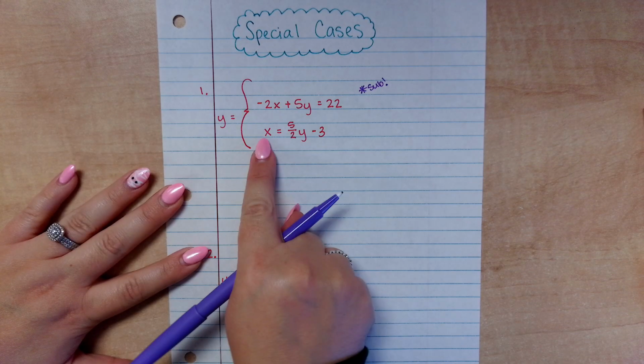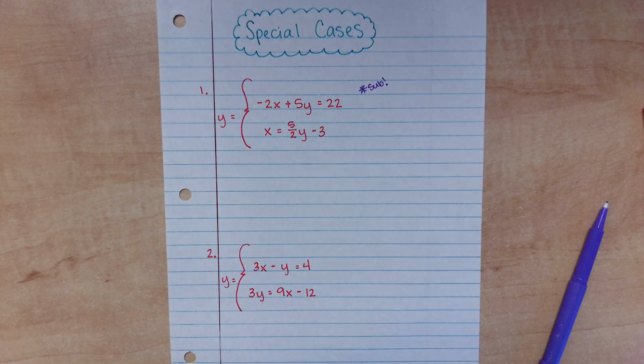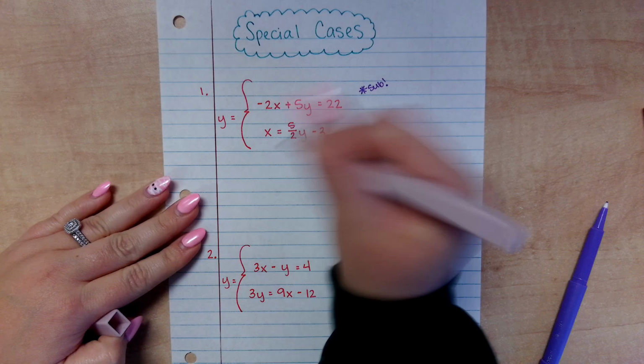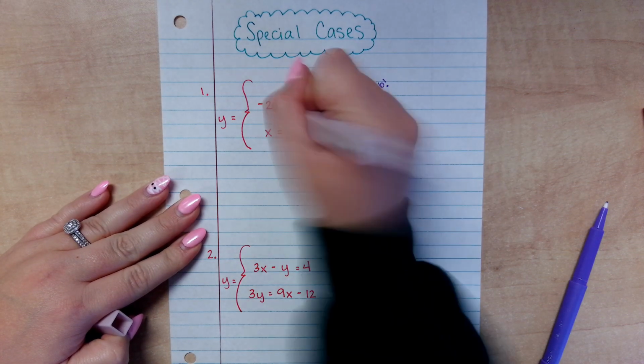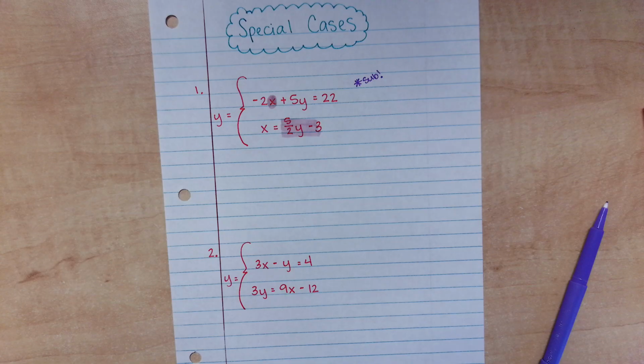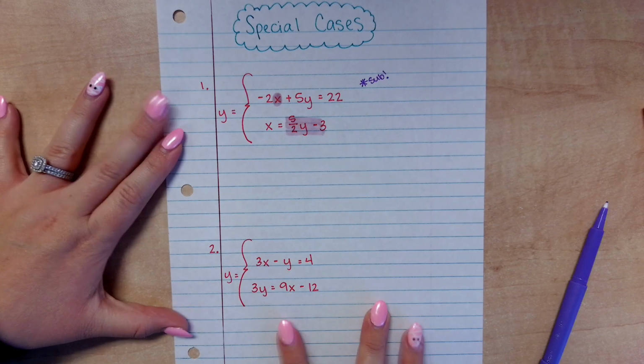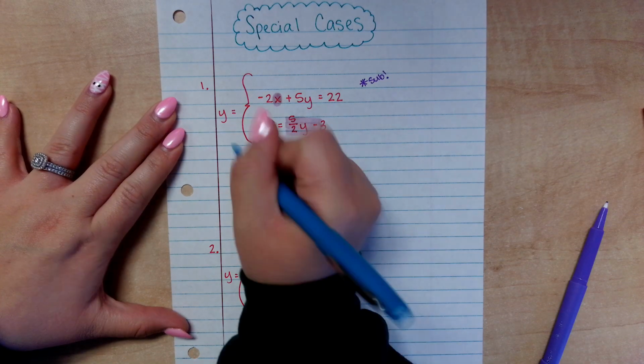Okay, there we go. All right, let's do so. So I have what x is. If you're a color person, I recommend highlighting. You've got this whole situation here that you're going to put for your x. So let's do that.